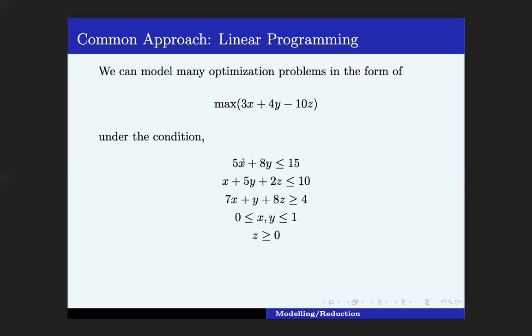For example, 5x plus 8y is less than 15, and x plus 5y plus 2z is less than 10, and something is more than 4, and x and y must be numbers between 0 and 1, and z must be a positive number. So under this set of constraints, can you maximize this quantity?